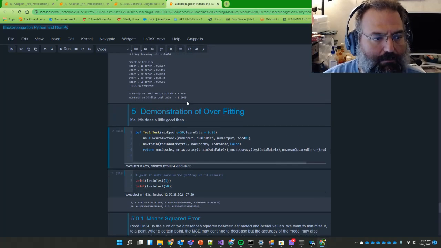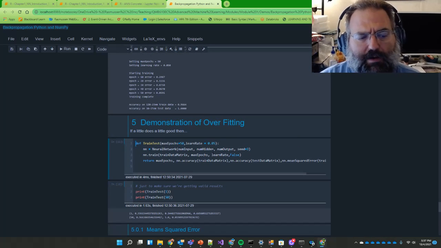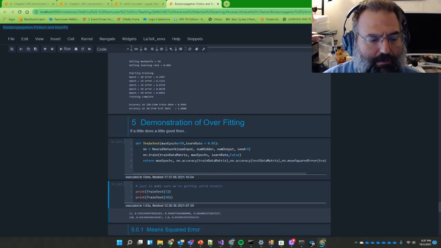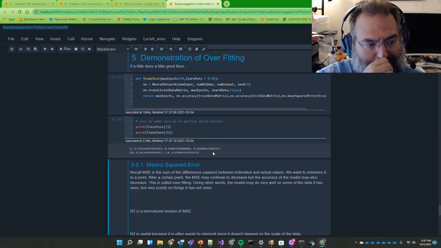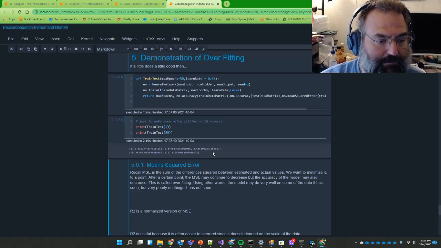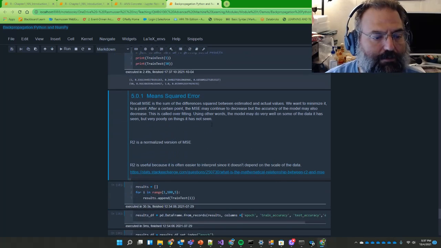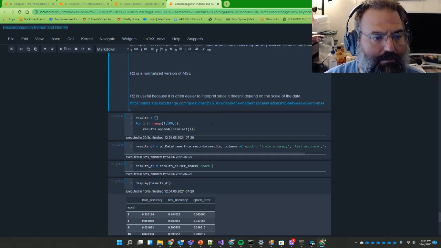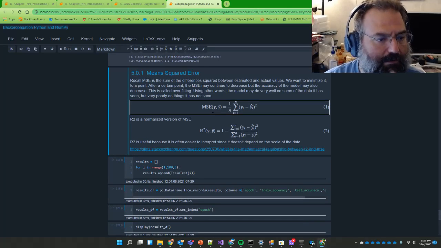If you want to see overfitting, and this is the basic idea of why more is not always better, we can do the run here and figure out how well it does when you're doing too many. And so we'll go ahead and run through this.